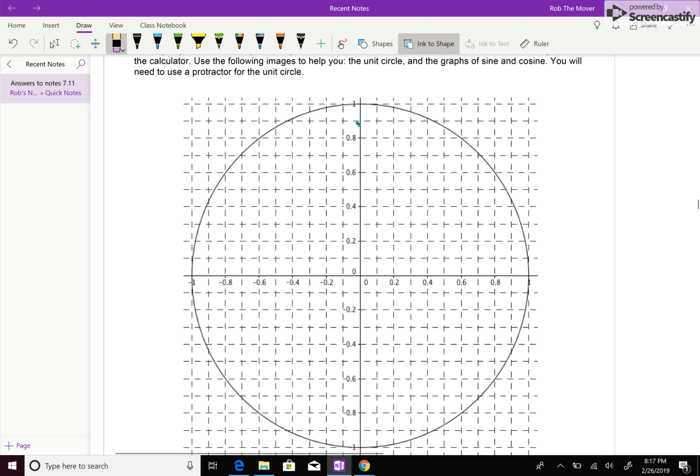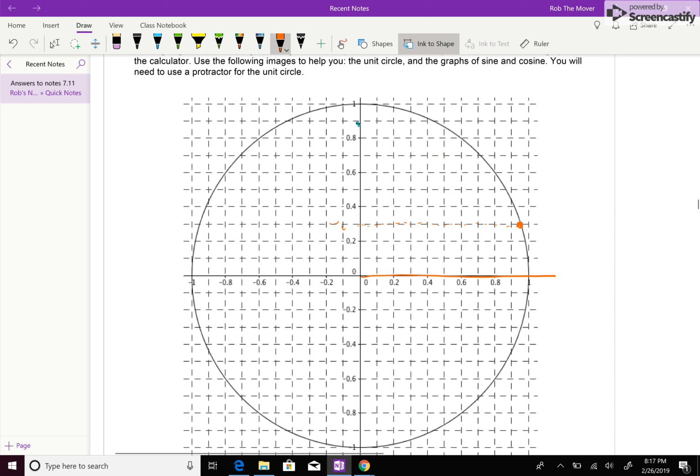So again, if we start with our initial side here, and we draw an angle, and it has a sine of 0.3, that means what? That means the y value is 0.3. That means this angle, wherever it is, has to cut through and have a y value of 0.3, right? So I'm going to follow 0.3 over and see where it crosses the unit circle.